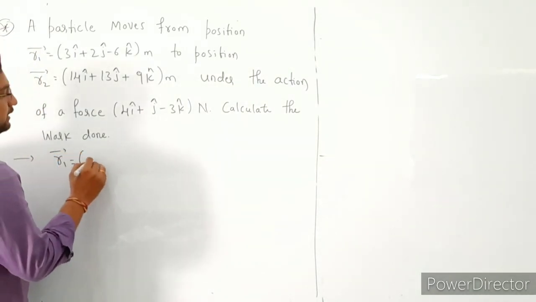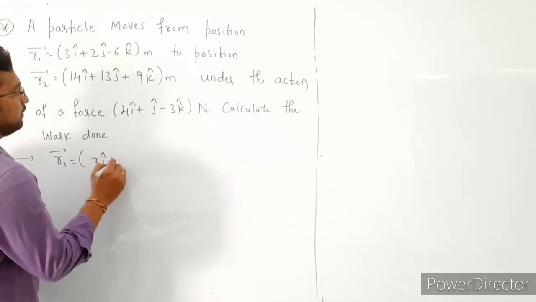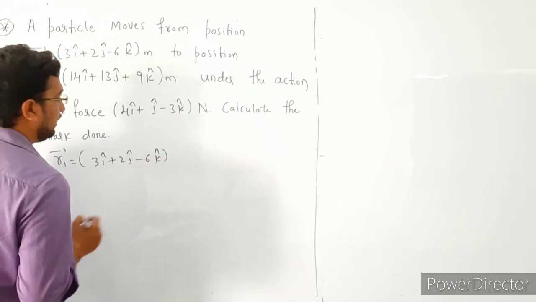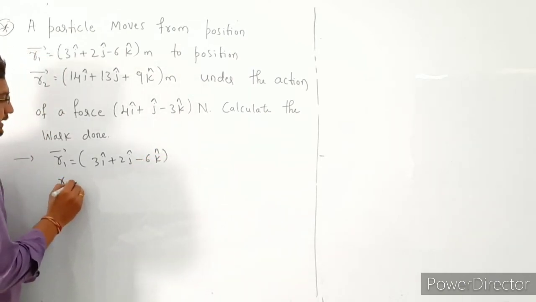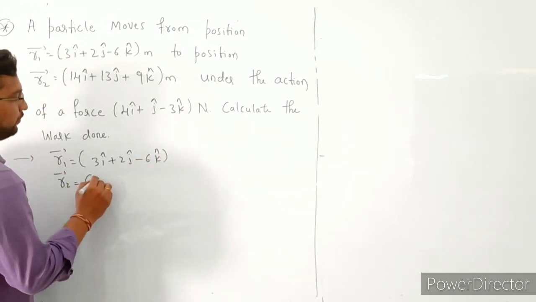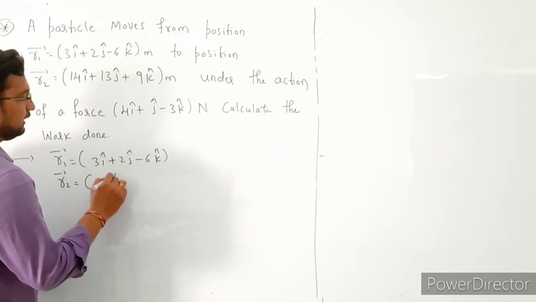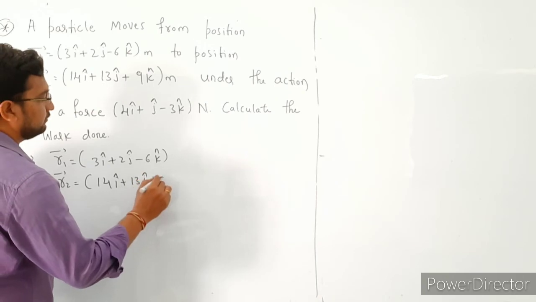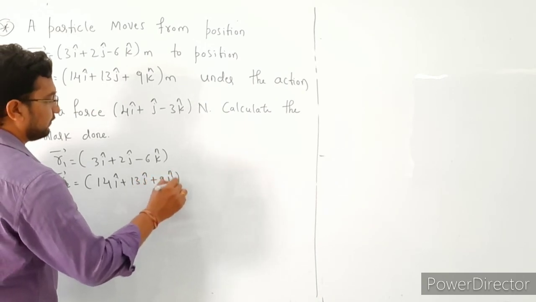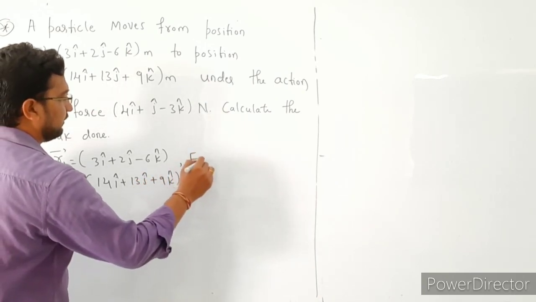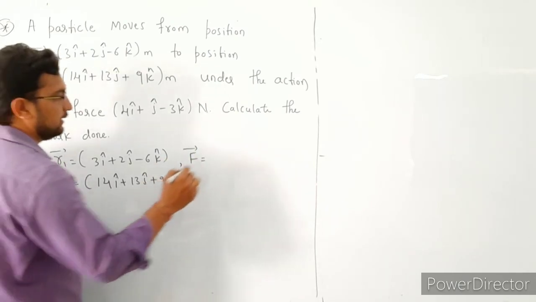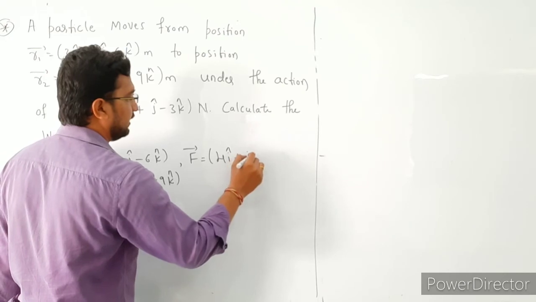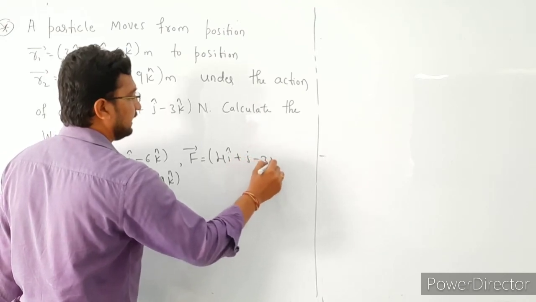Okay, see here, in this case the position R1 vector is 3i plus 2j minus 6k, and R2 is equal to 14i plus 13j plus 9k, and the force is given, that is 4i plus j minus 3k.